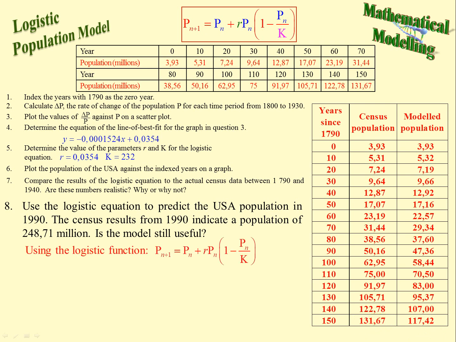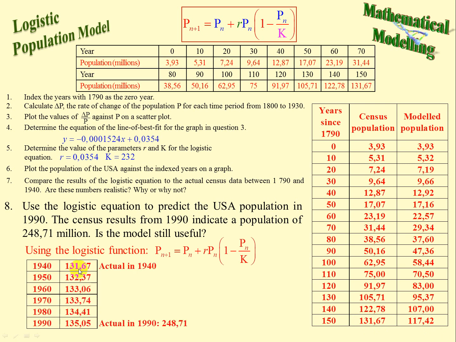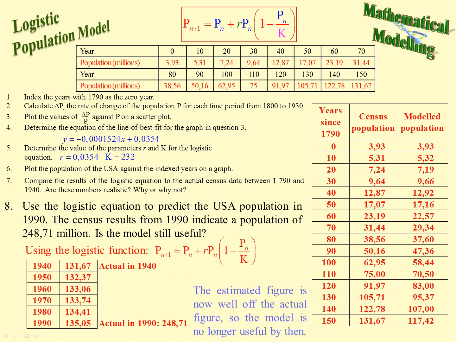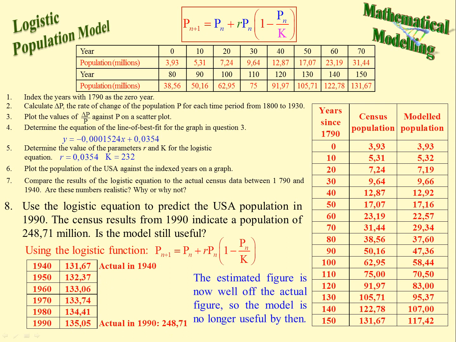And using the formula, there it is, 1940 to 1990, that's the actual in 1940. Now I'm using the model, and I end up with 135.05, very far off the actual. So in fact, the model is no longer useful at that stage.